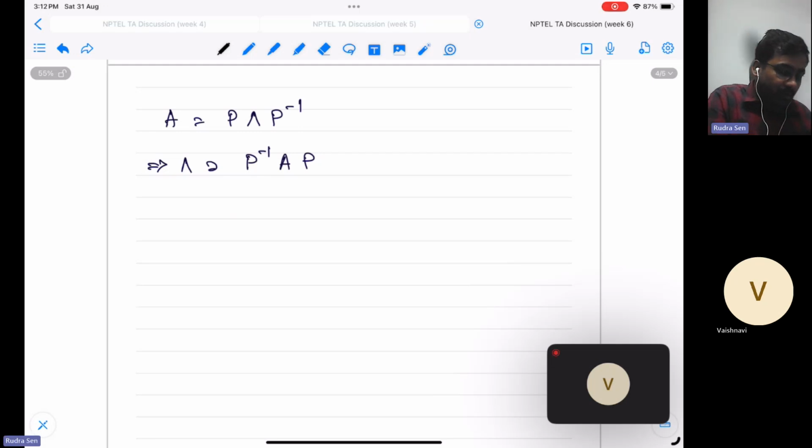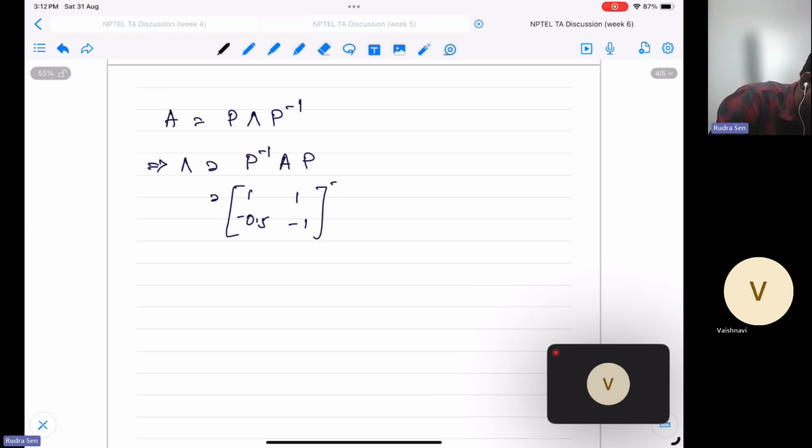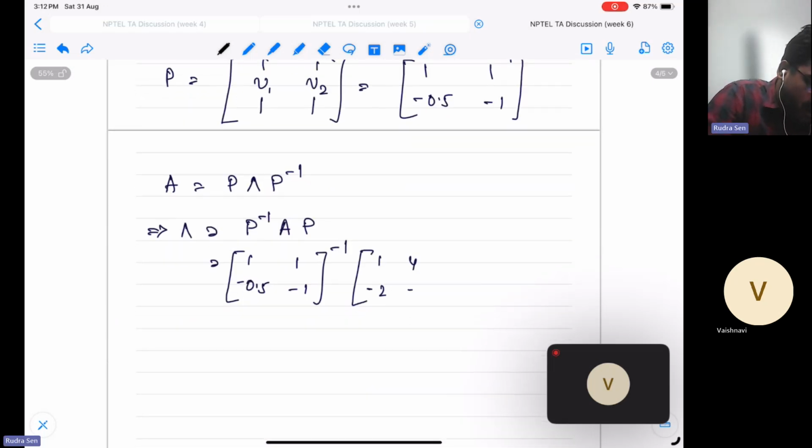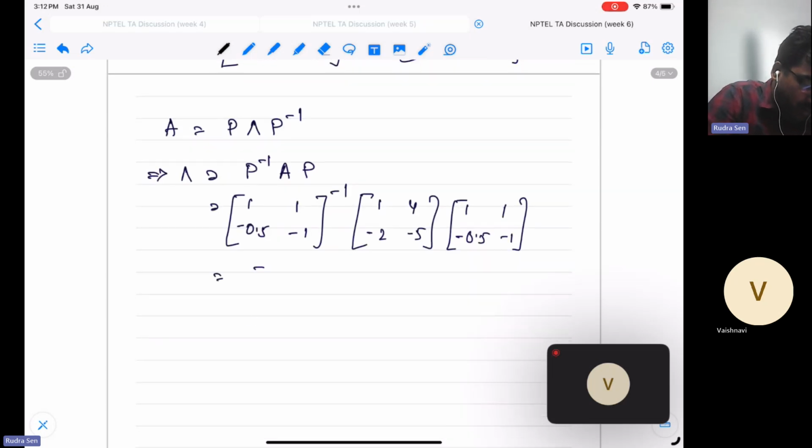If you multiply P inverse, then A, then P, you will get that the lambda matrix is in diagonal format.